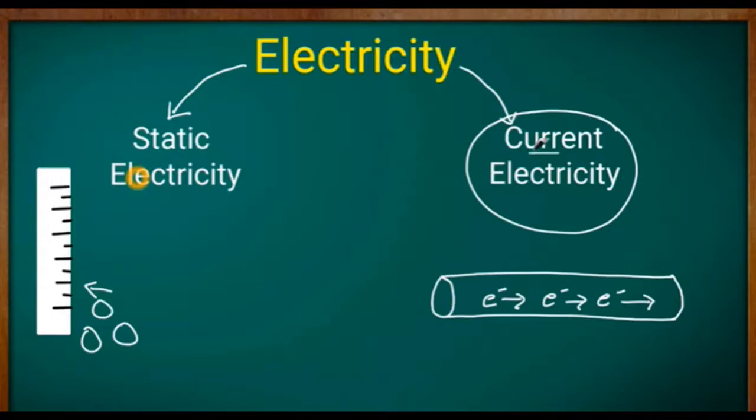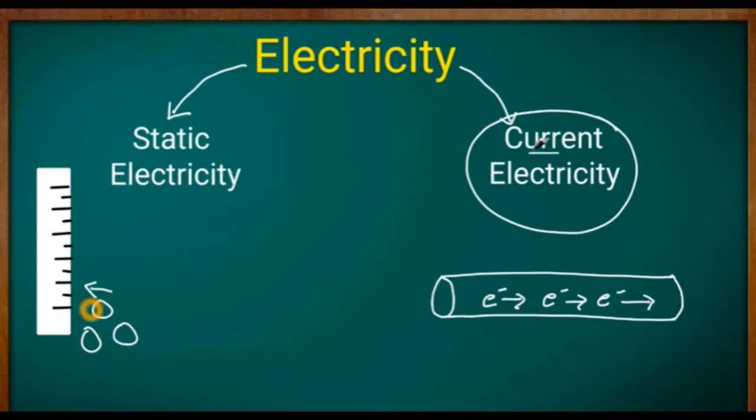They do not move. Suppose you are having a scale and you are rubbing it with your hair, then you will see that tiny pieces of paper will be attracted to the scale. So it means while rubbing, the scale acquires some kind of charge, but those charges do not move. They are stationary charges.